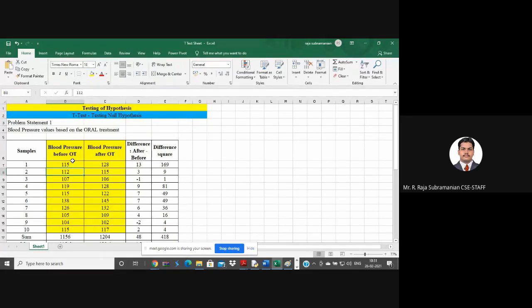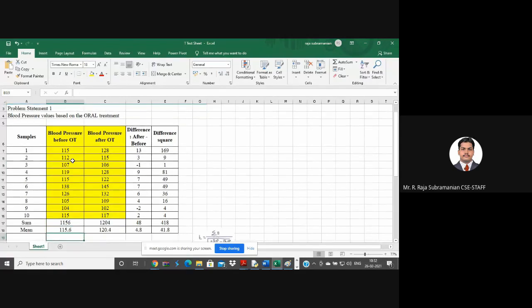For example, in a machine learning algorithm, you will be given a result before applying a particular iteration or learning rate, and after applying it, how the accuracy is going to improve. That is what the t-test actually says in statistics.